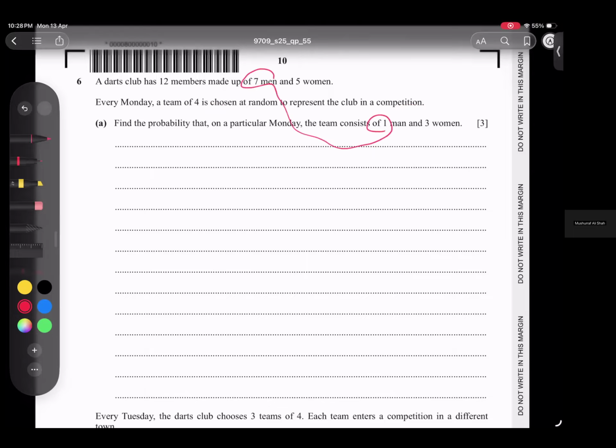Out of 7, 1 I need, so 7C1. Out of 5 I need 3, so 5C3. And total options are 12C4. Now it's a matter of typing in the calculator. The answer in simplest form turns out to be 14 over 99.